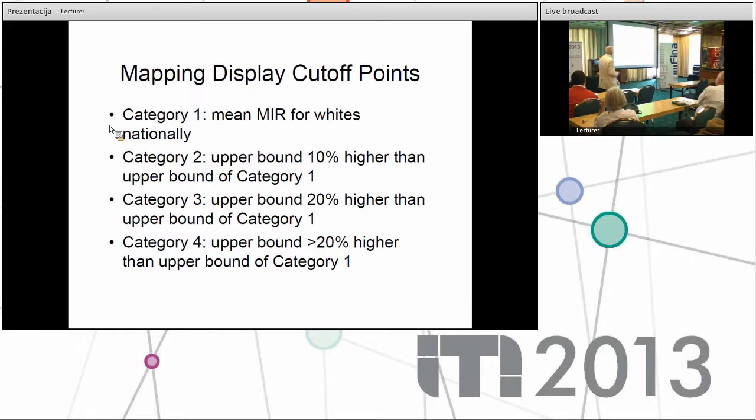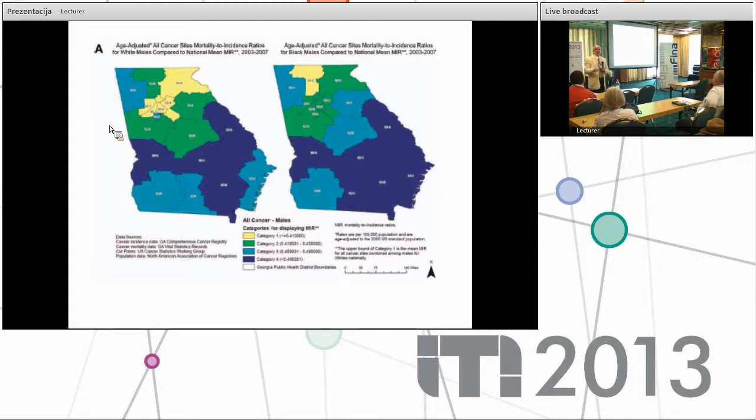If it's 10% higher, we gave it a certain color. If it's 10 to 20%, the upper bound was 20%. If it's greater than 20%, it was category 4. So, 20% higher than the white rate nationally.